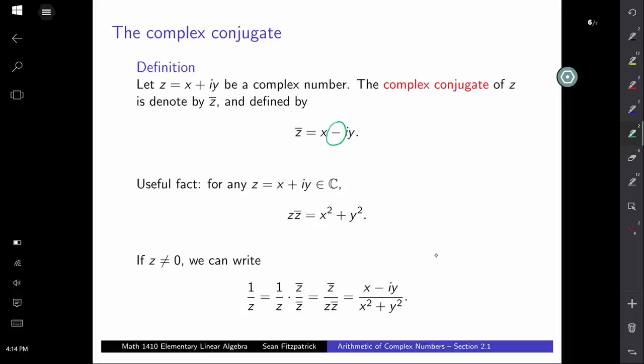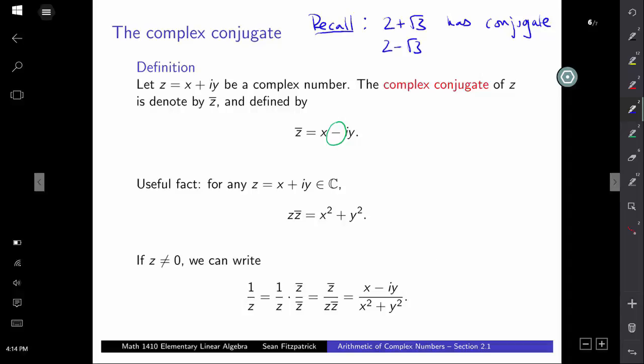Now you might remember that there are conjugates that come up when you deal with radicals in high school. Just as a refresher, if I give you something like 2 plus root 3, well, that has a conjugate, 2 minus root 3.